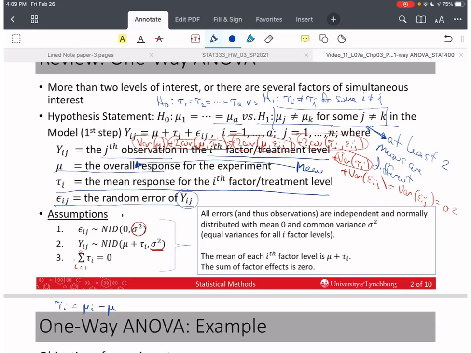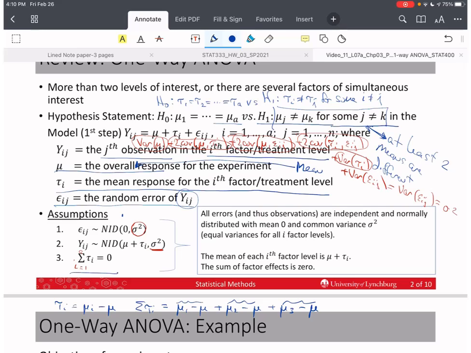And so if the first one's above and the second one's below, what has to happen here is that when you add up tau i, you're adding up mu 1 minus mu, plus mu 2 minus mu, plus mu 3 minus mu, all the way up to however many you have. And so you have all of these deviations from mu, and they have to add up to 0. And so this is one of the basic assumptions.